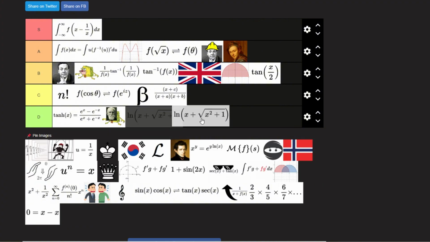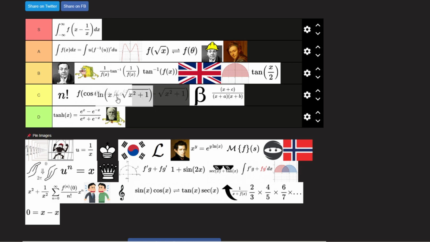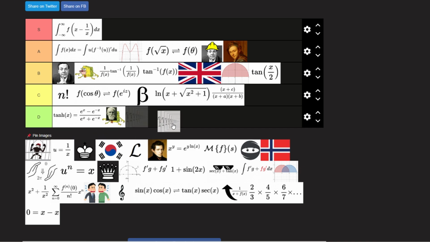Okay. Hyperbolic substitution. This, I probably would have to put it behind beta function. It's nice, but it's not like the coolest. What is this? Oh, integral recursion.